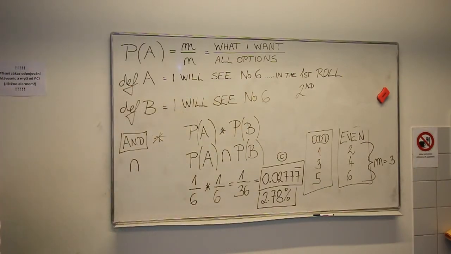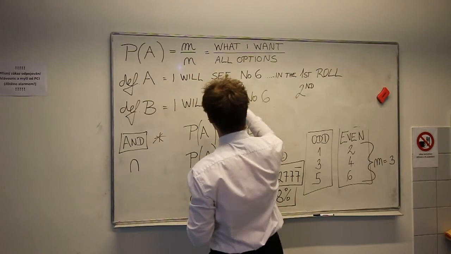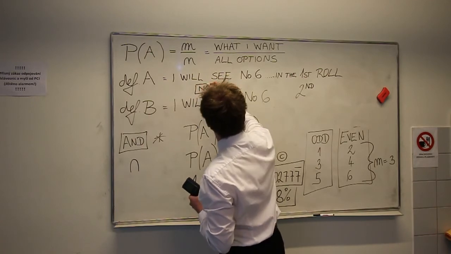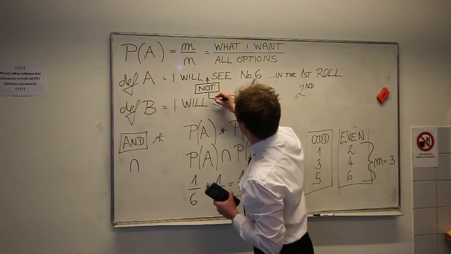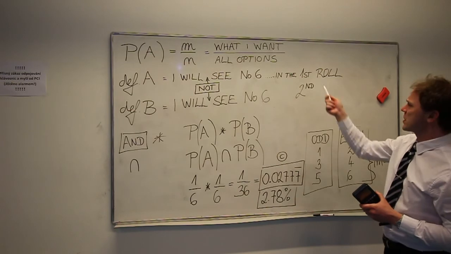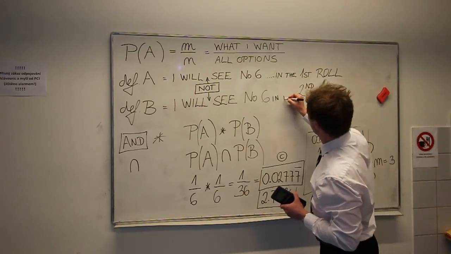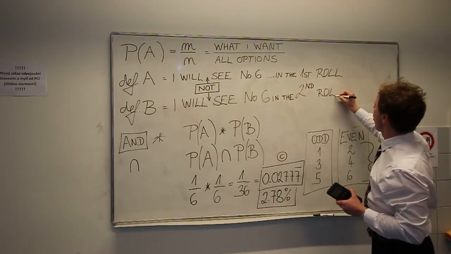Okay, we can move to another duty. During 2 rolls, there will not fall number 6 2 times. So I will not see, and this "not" will be placed here and here. I will not see number 6 in the first row, and in the case of the second row.